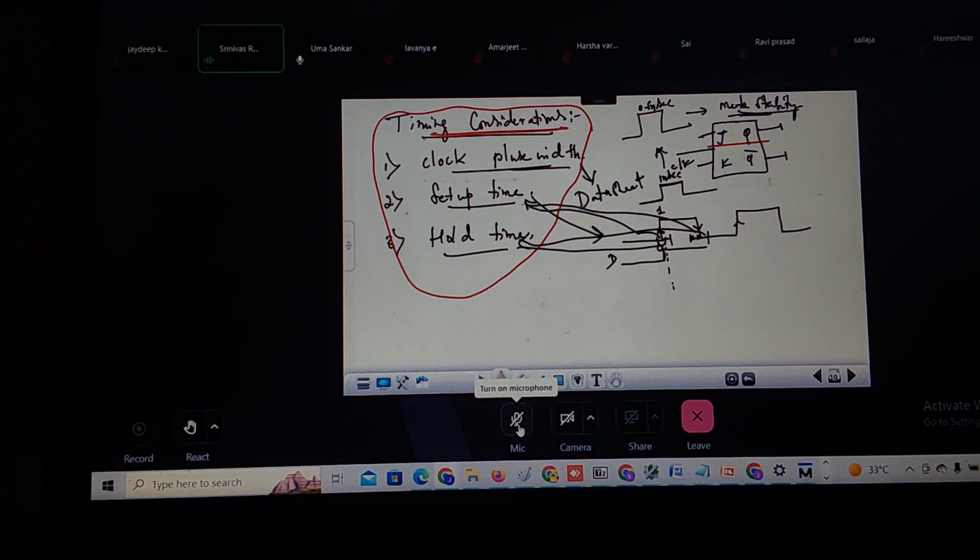You should know the timing considerations, like how much pulse width I should maintain, what the setup time is, and what the hold time of the flip-flop is, to get the desired output. If you fail to maintain these timing considerations, it leads to metastability. In simple terms, metastability means you cannot exactly predict the output, what the Q and Q bar output could be. That state we call the metastability state.